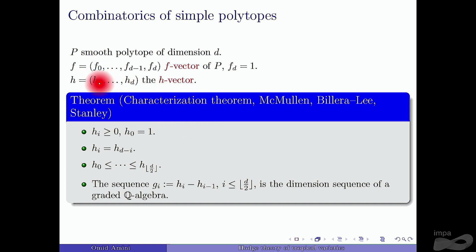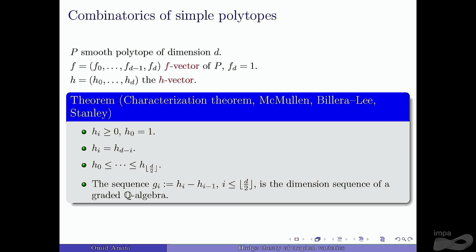F0 is the number of faces of dimension 0, which means the number of vertices. So for example, in the cube, I have exactly 8 vertices. Then I have F1, the number of edges. So I have here 12 edges. F2 is the number of two-dimensional faces, and I can go up to Fd, which is the top dimensional face, which is the polytope itself. And Fd is equal to 1.